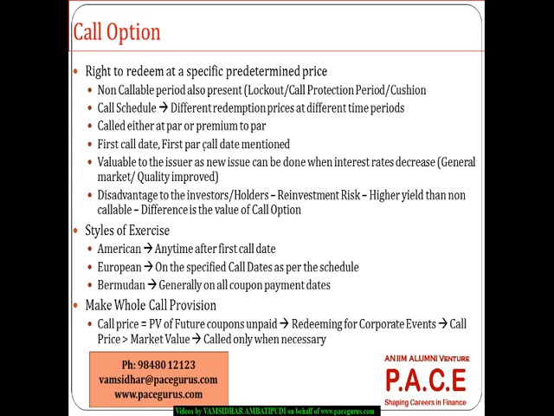Initially, starting off with any bond having a call option packaged into it, typically called callable bonds. Those kinds of bonds which have a call option packaged into them are also called callable bonds.